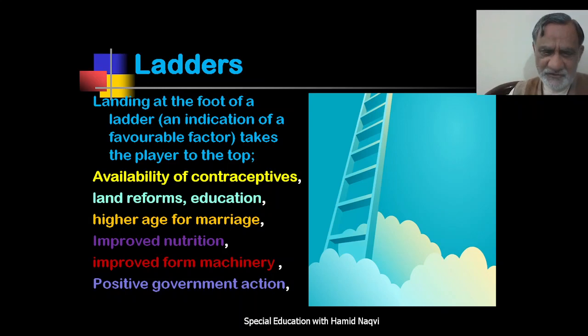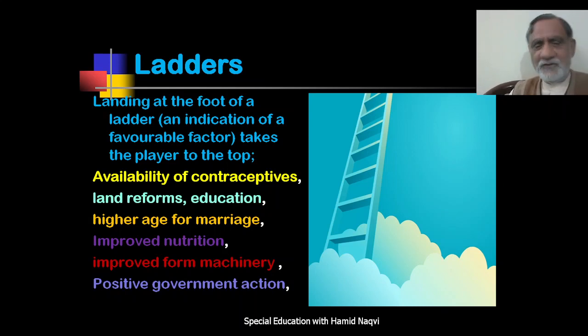Improved nutrition, good food that makes the population strong and even reduces the mortality rates. Improved farm machinery would make plenty of food available.